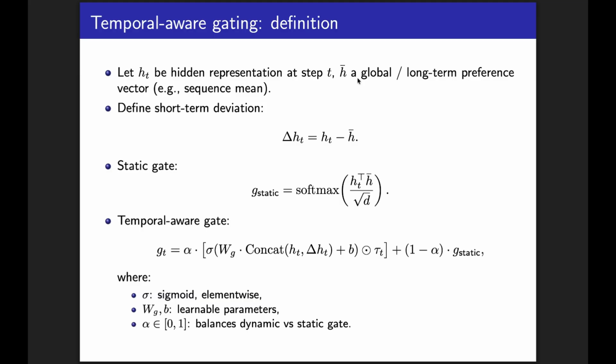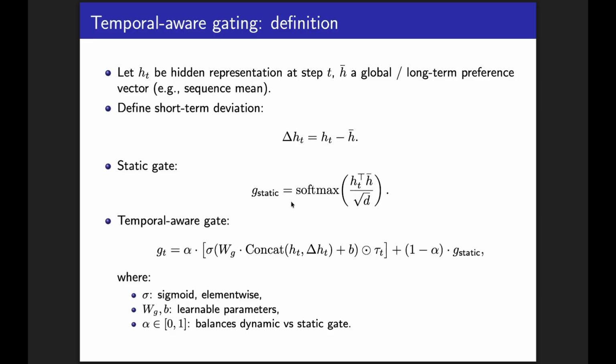So we can consider it as an average long-term preference for that specific user. Delta of H of T is simply the difference between the current hidden representation at time step T and the long-term averaged mean of this hidden representation. This is just the difference.